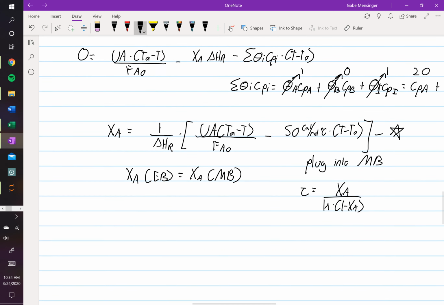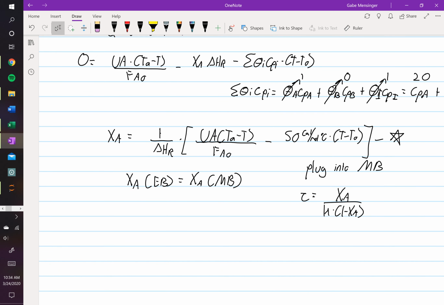And we'll want to solve for T such that this is true.